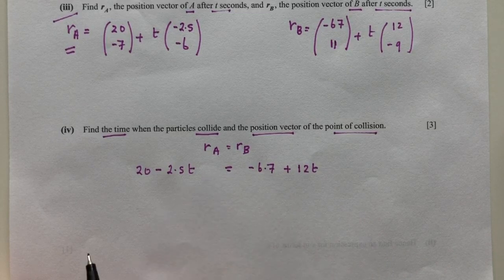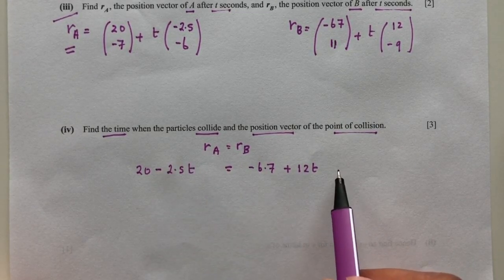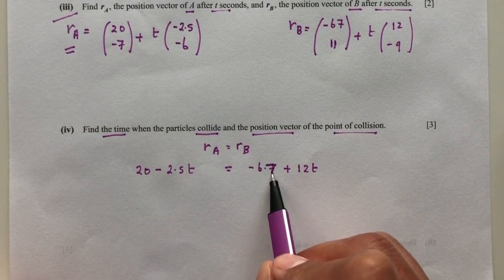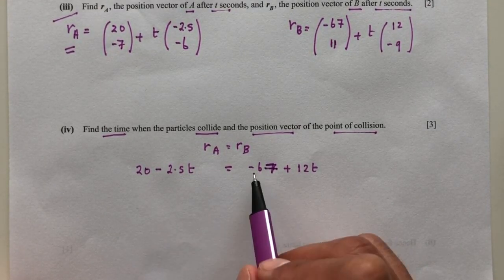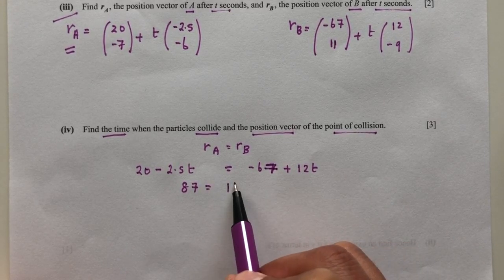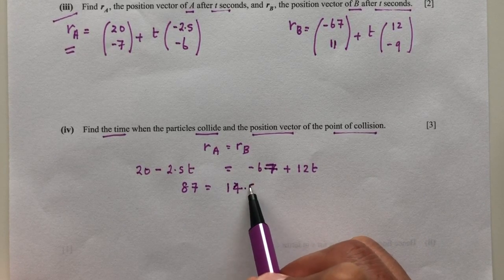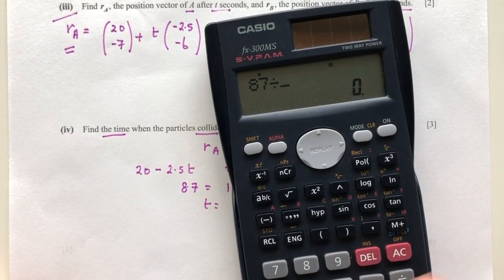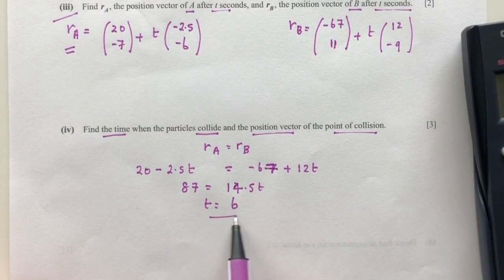Now if you simplify this, let's see what we have. We send t to one side, we send this one to this side, you will have, this is 6.7, this is now 6.7. So 20 plus 6.7, that will be 26.7, equal to 14.5t. So 12 plus 2.5 will be 14.5t. So t will be 87 divided by 14.5, that is 6. The value of t will be 6.